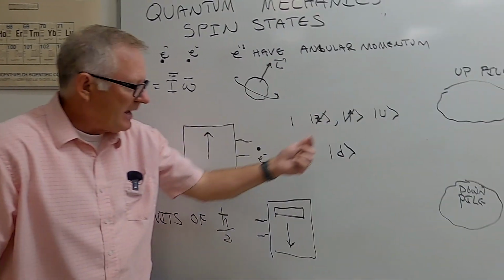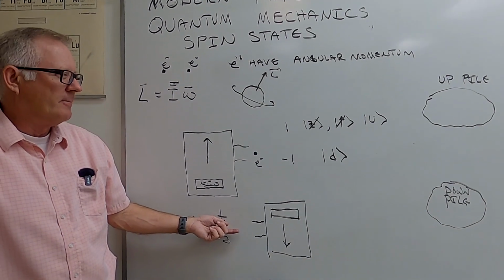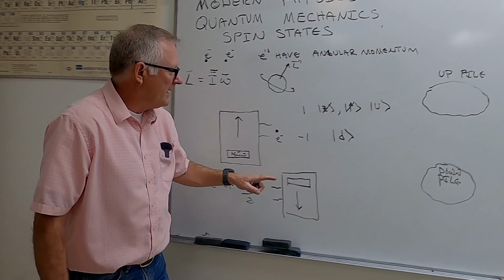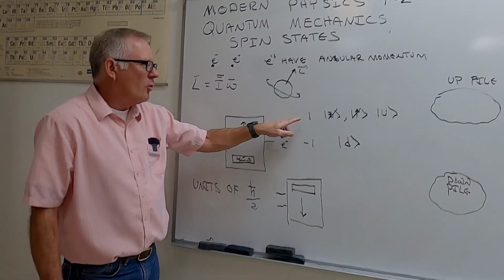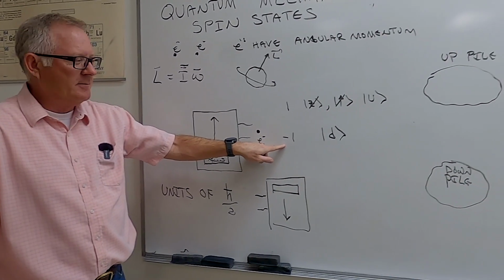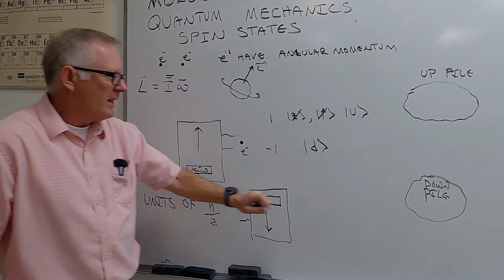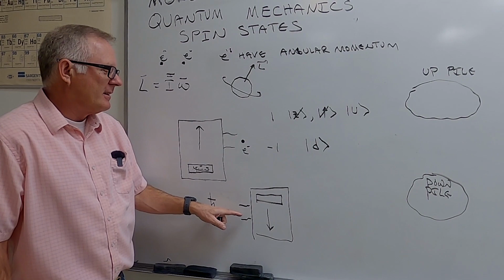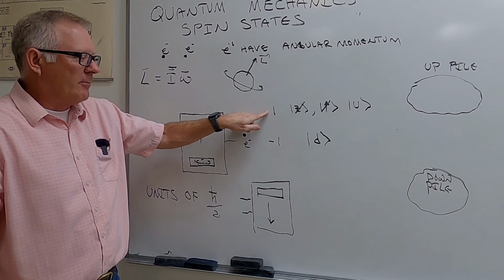And then I put my up pile into here. What will I get if I take all these ups and put them into here? I won't get a 1. I'll get a -1. And what will I get if I put in all the downs? Then I'll get a +1 right here.